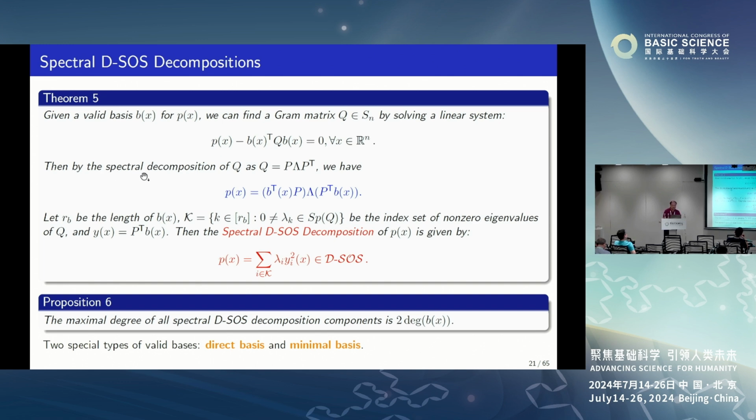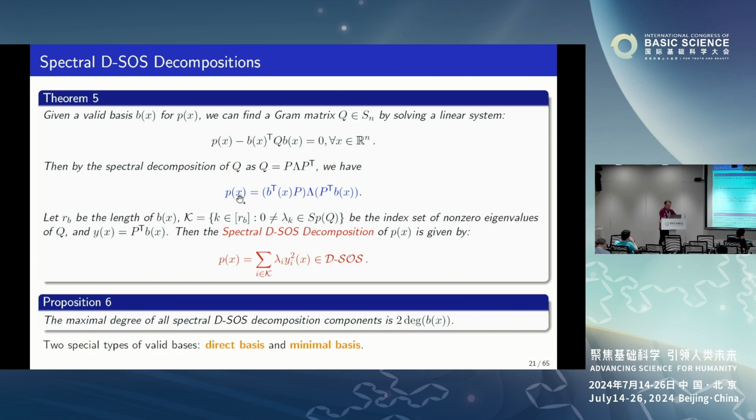And for any matrix Q that is a solution of the system, we can find its eigenvalue decomposition, and based on that, any polynomial P can be written like this. The vector is the P transpose B, denoted as a vector Y, okay? And lambda is the diagonal matrix with eigenvalues.